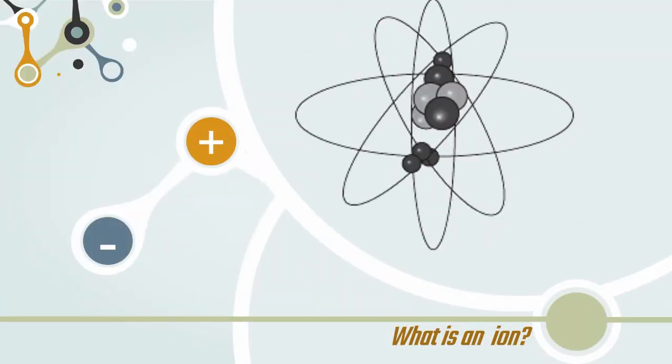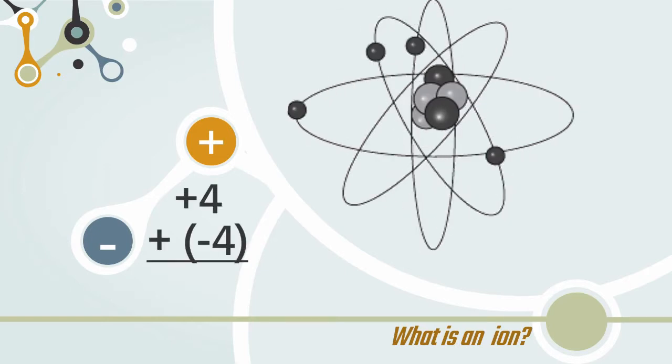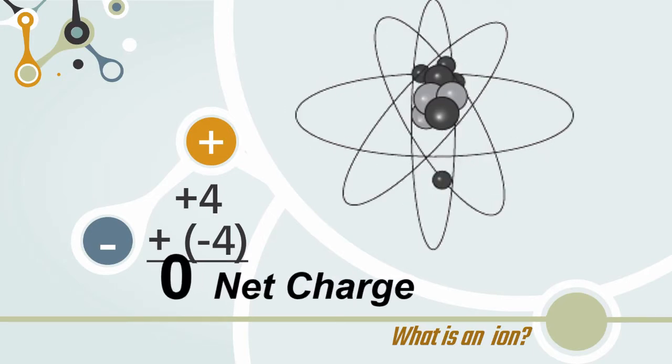Take a look at this atom. If this has 4 positively charged protons and 4 negatively charged electrons, the sum of which is 0, so it is neutral or zero charge.